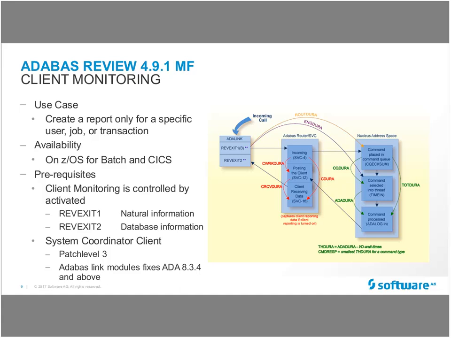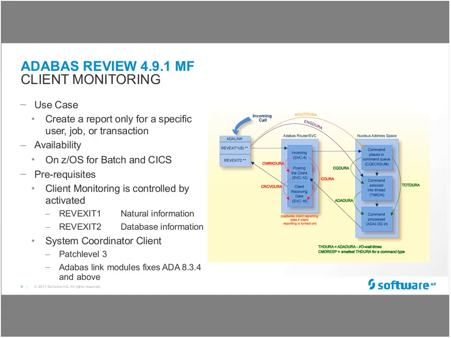What's new is that we use the Adabas System Coordinator, the client part, with patch level 3, and we need a few fixes for Adabas 8.3.4. And this now enables you to dynamically start and stop reports, and we use the function rule, which we see later, to define and specify on which item you are interested in.